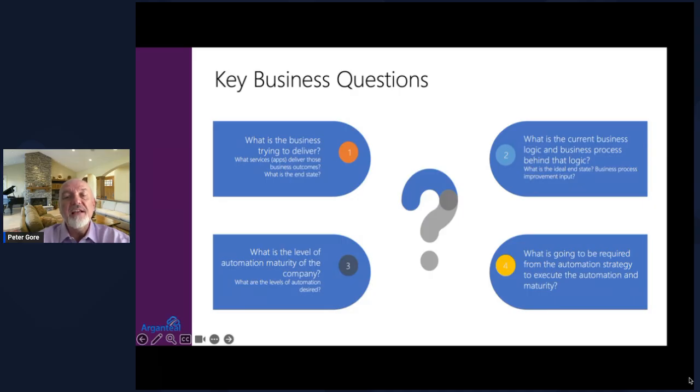And so what is the logic behind what you're doing today? And how does that logic need to change? And then the automation maturity, we'll talk about that in a few minutes. And then what do I need to happen? What skill sets do I need to bring into the organization? What tool sets do I need to bring into the organization? All of these different things need to be addressed as you approach your automation journey.